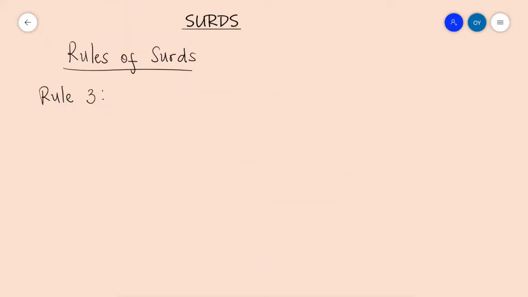Rule number 3 is x over the square root of y. Here, this is written as x over the square root of y multiplied by the square root of y over the square root of y.